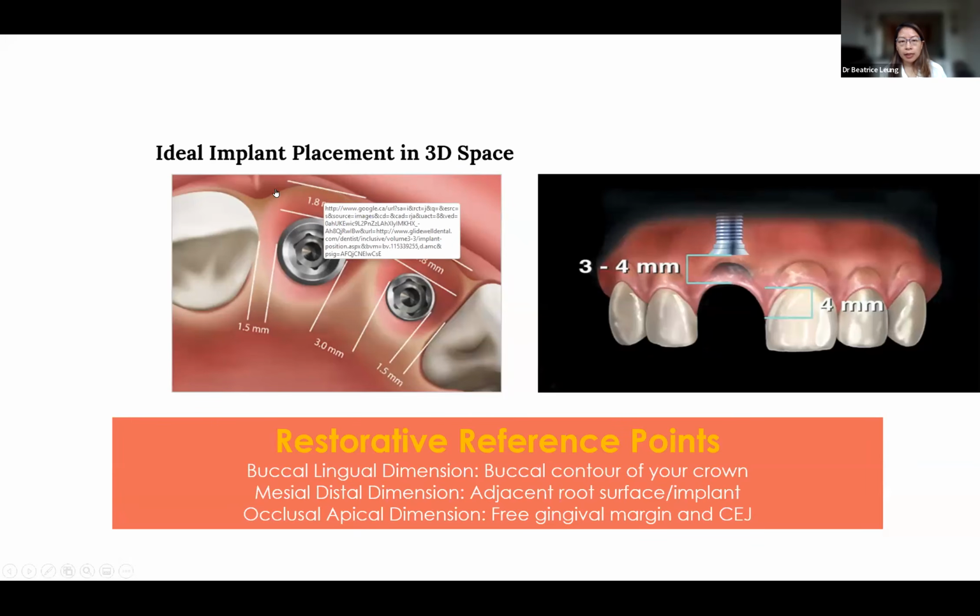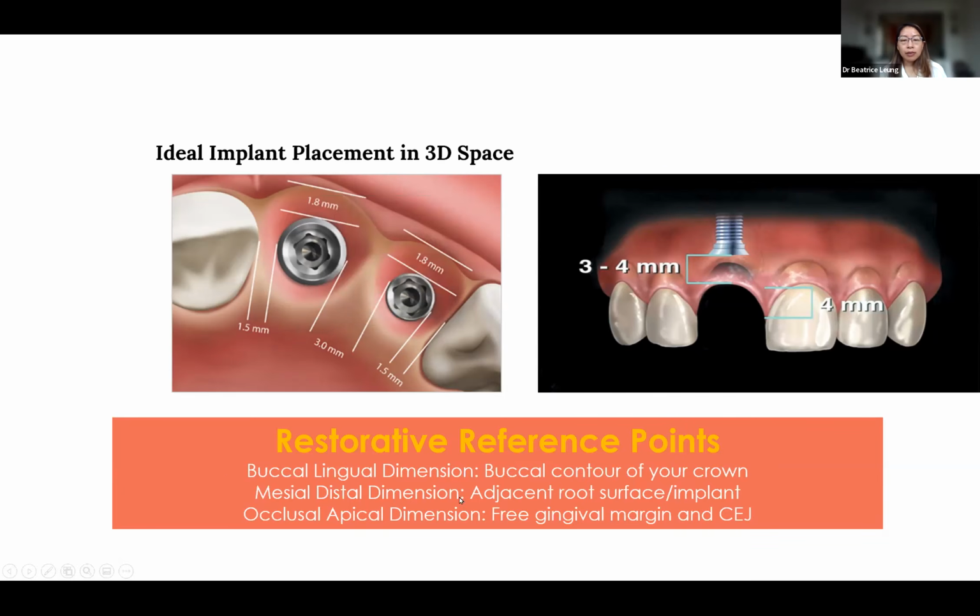So what does that mean? That means your existing tooth should already be ideal. If it's too tipped, too buccal, then you shouldn't use it as your reference point. If you have a tooth that is ideally positioned already, then you can rely on the existing buccal contour to help you plan the implant. That's buccolingually.